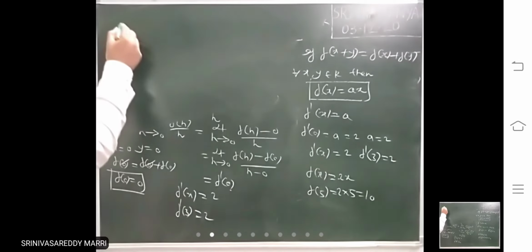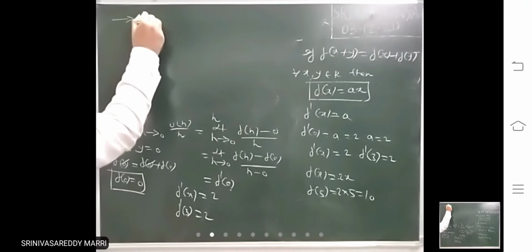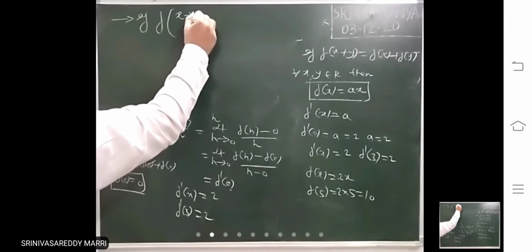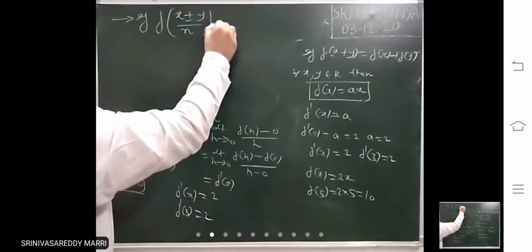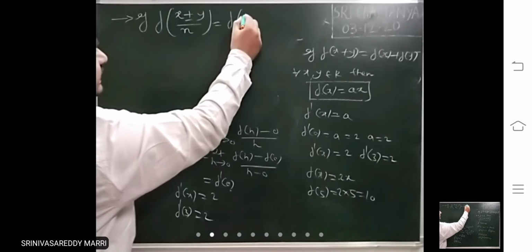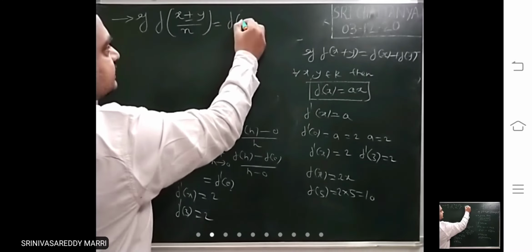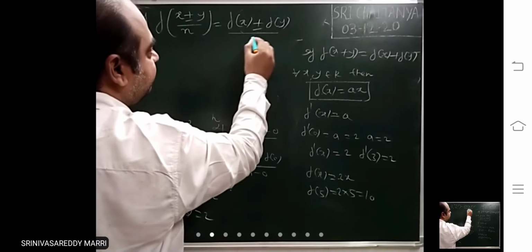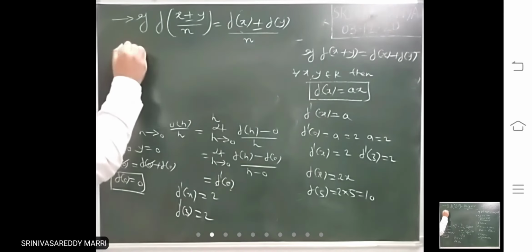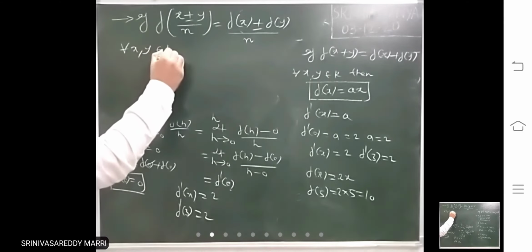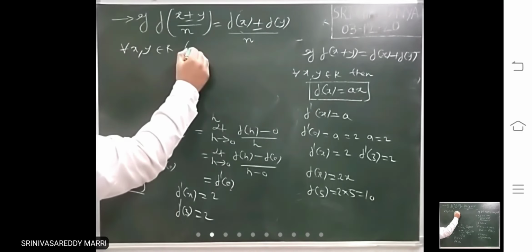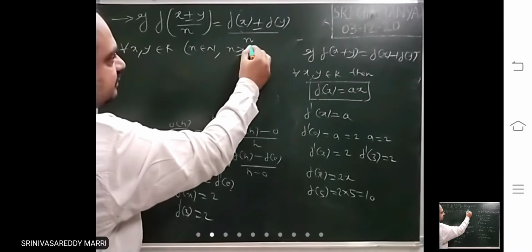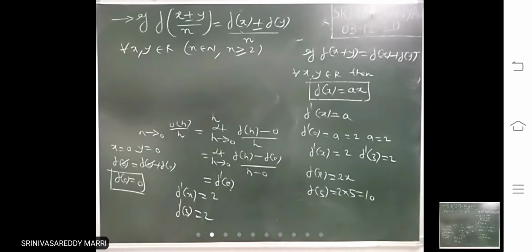Next, another type of function will be there. Very important: suppose a function satisfies a relation like f of (x plus or minus y) divided by n equals (f of x plus or minus f of y) divided by n, for all x, y belongs to R, where n belongs to natural numbers and n is greater than or equal to 2.